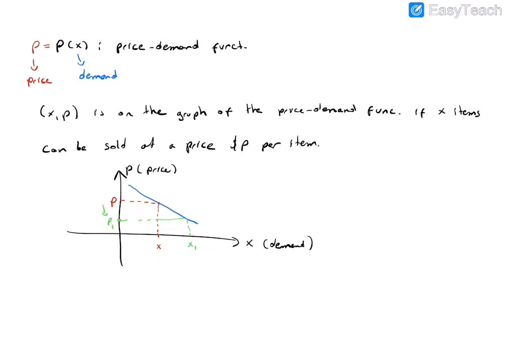Okay, the revenue is equal to the number of the items sold multiplied by the price per item. So this is important.